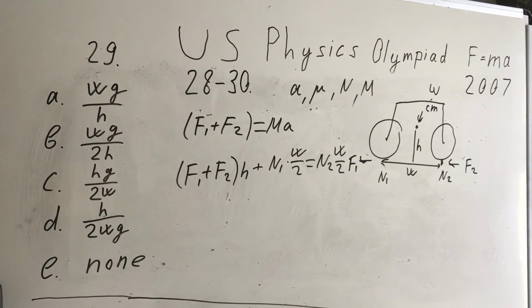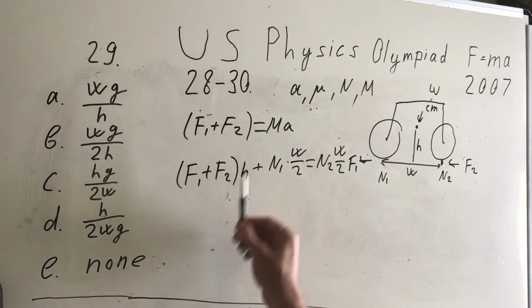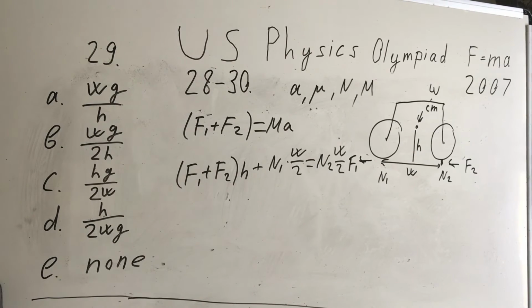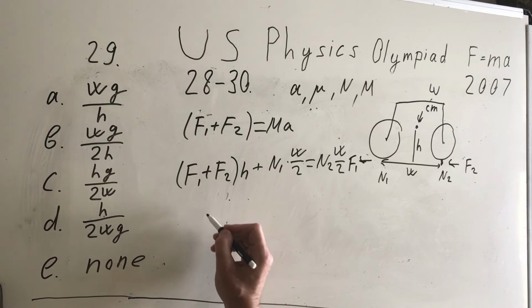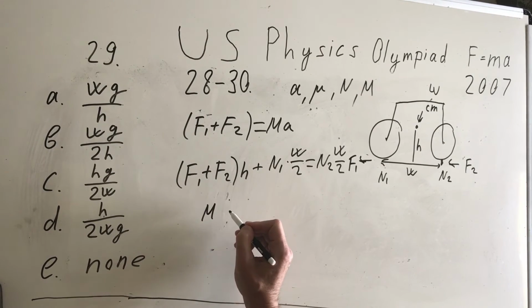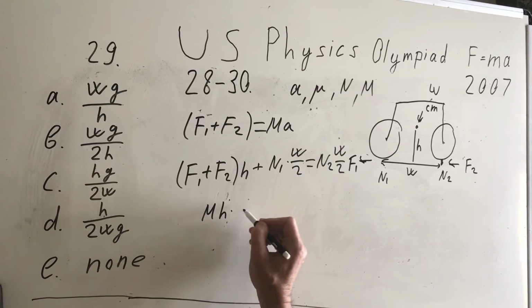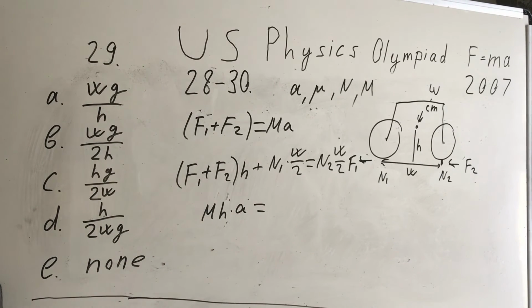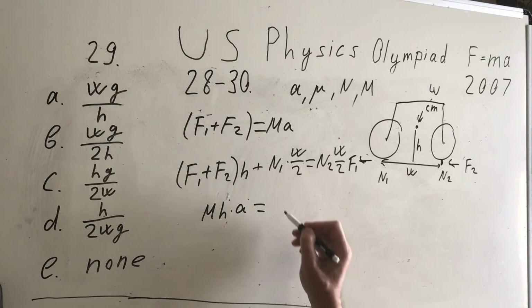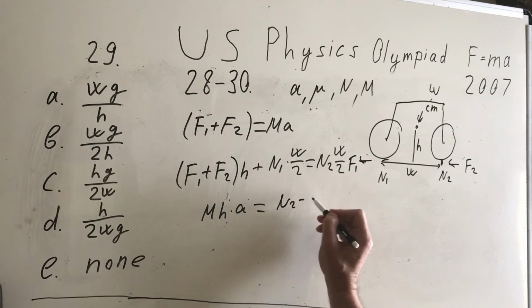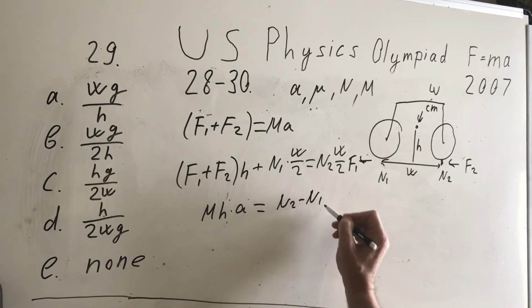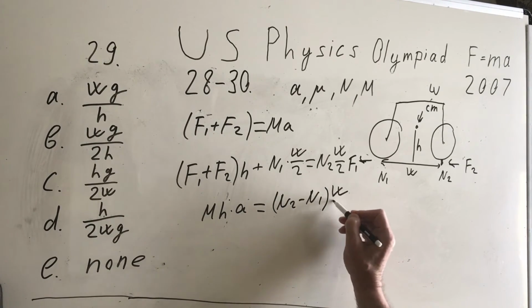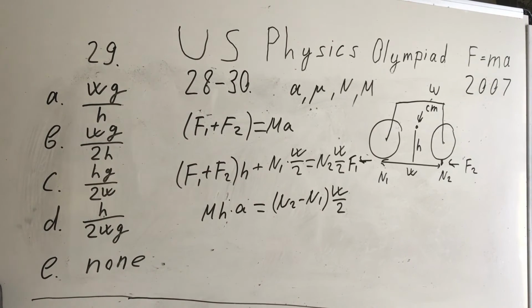So now we can put F1 plus F2 equal to ma here. So we have mha equals N2 minus N1 multiplied by w over 2.